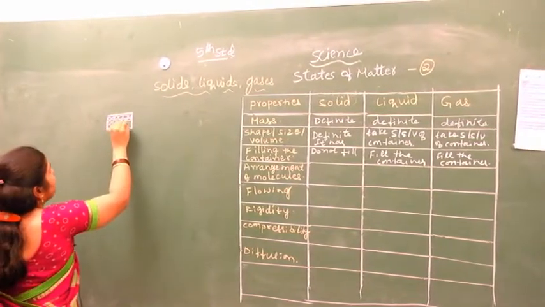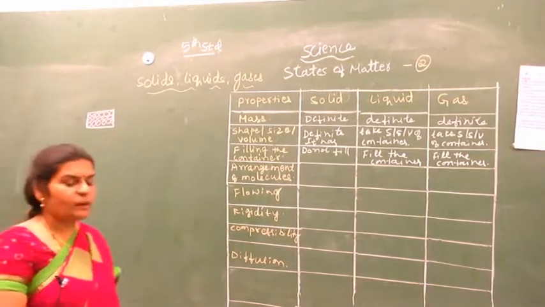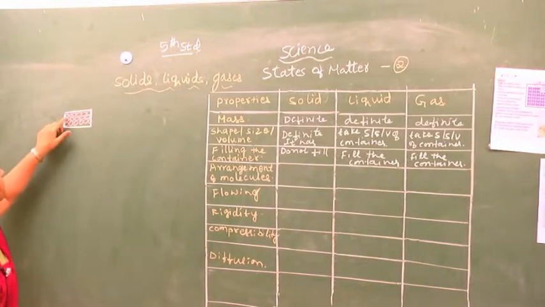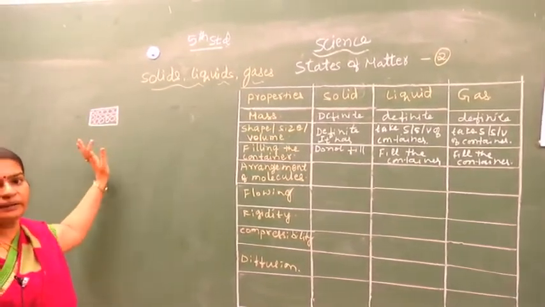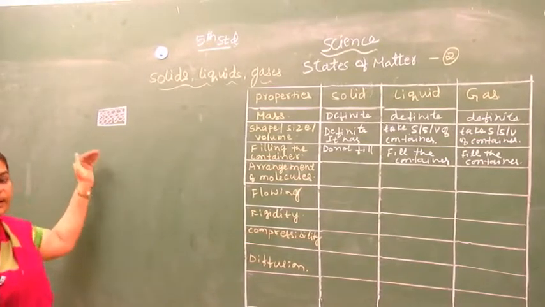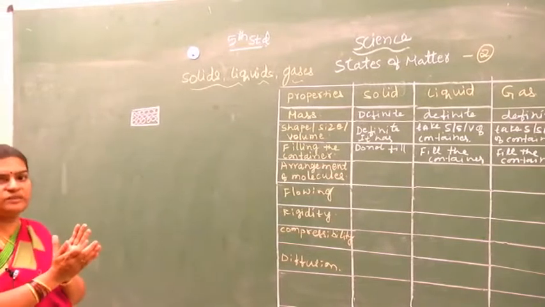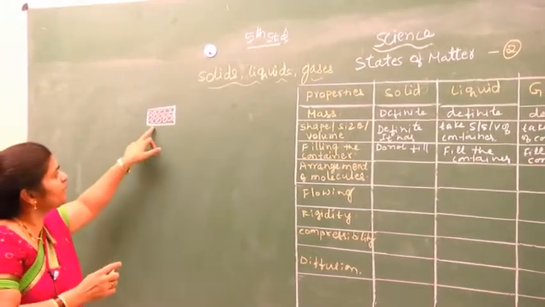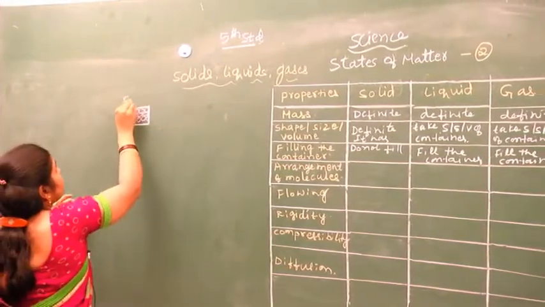They will be tightly packed in case of the solids. The intermolecular distance is less because they are very near to each other. There will be a force of attraction between the particles in case of the solids.